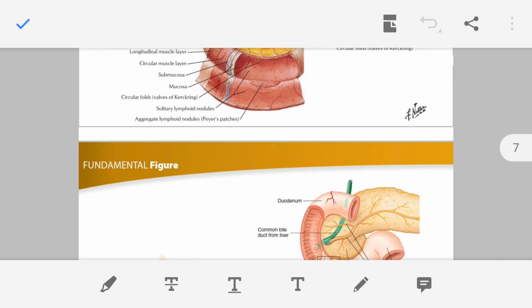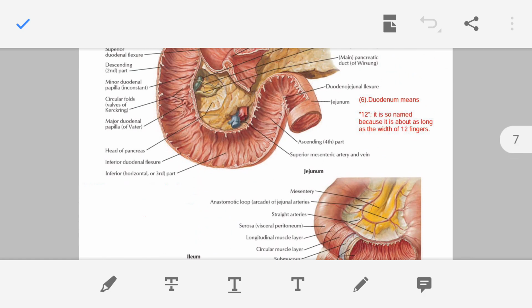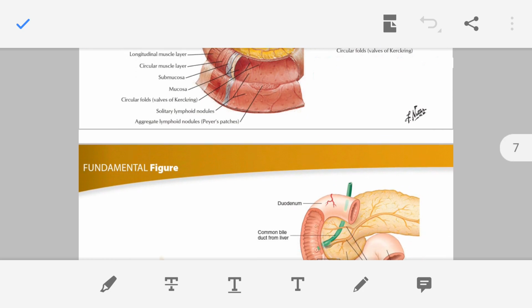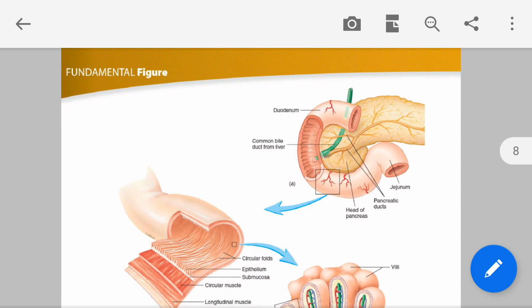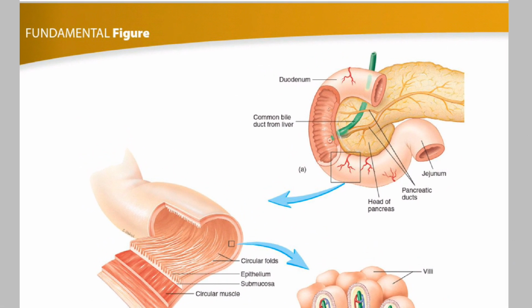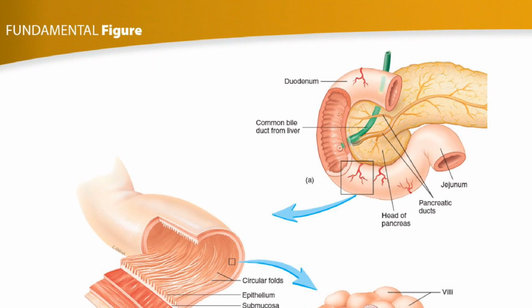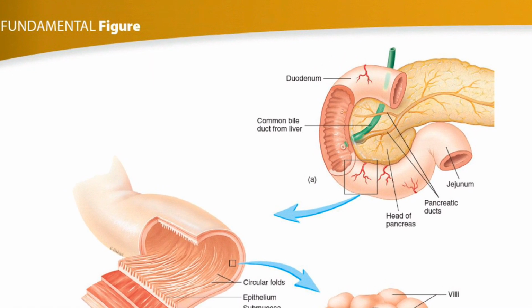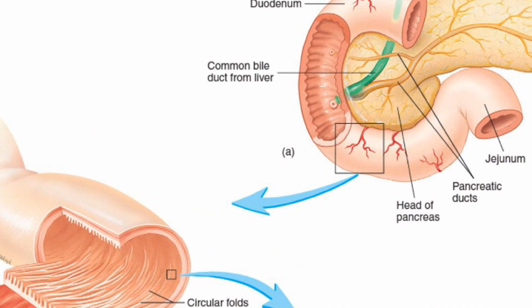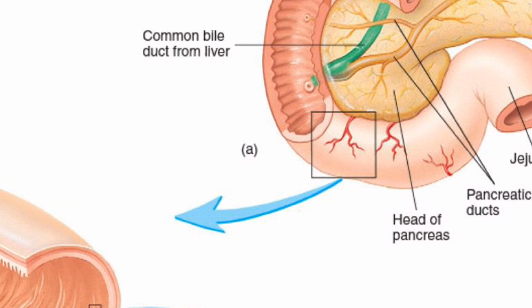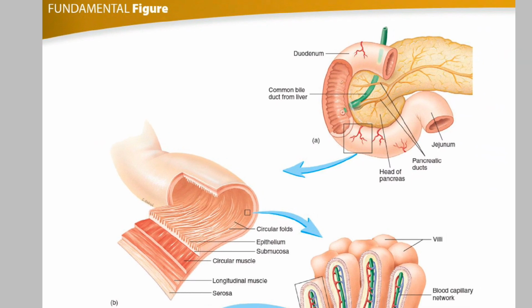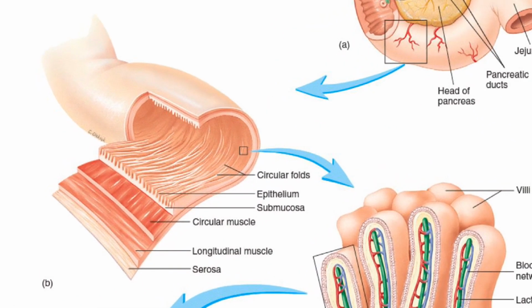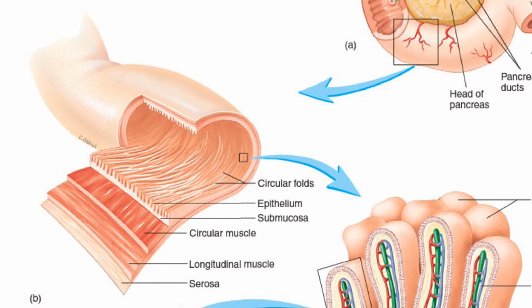Before we move on to the seventh point, these are some good figures, so you need to go through them. For example, over here the duodenum is shown, then the jejunum is shown. And the square box they are showing, then they have zoomed this part.